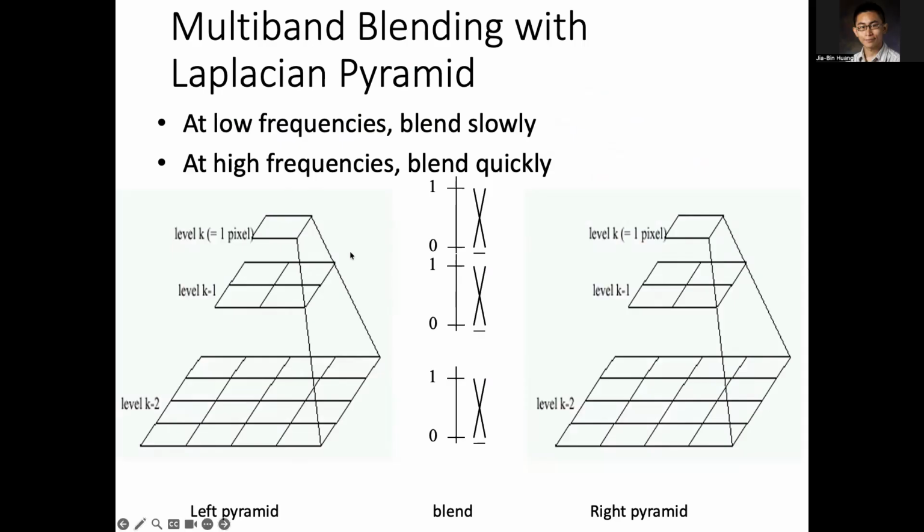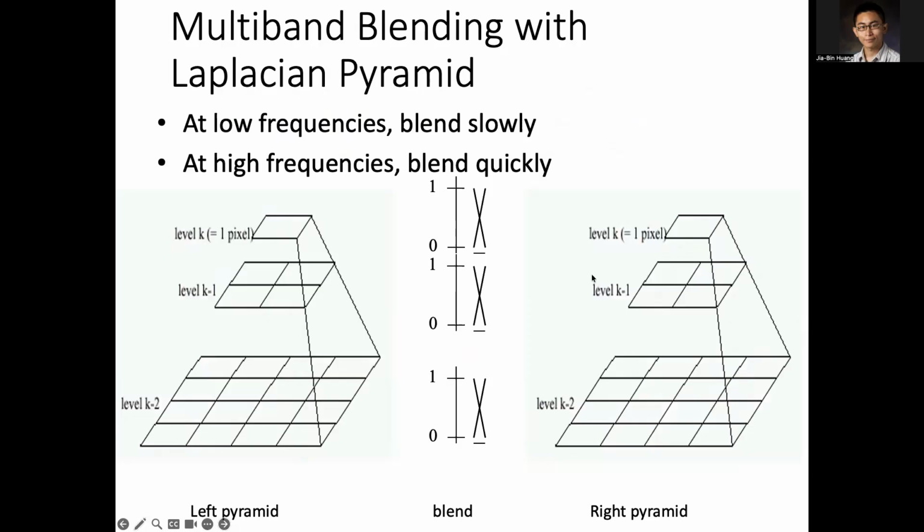So what you do is use, let's say, 5 pixels blending, but you apply this blending in all the pyramids. So in the high frequency domain, you blend fast, and in the low frequency domain, you blend slowly.